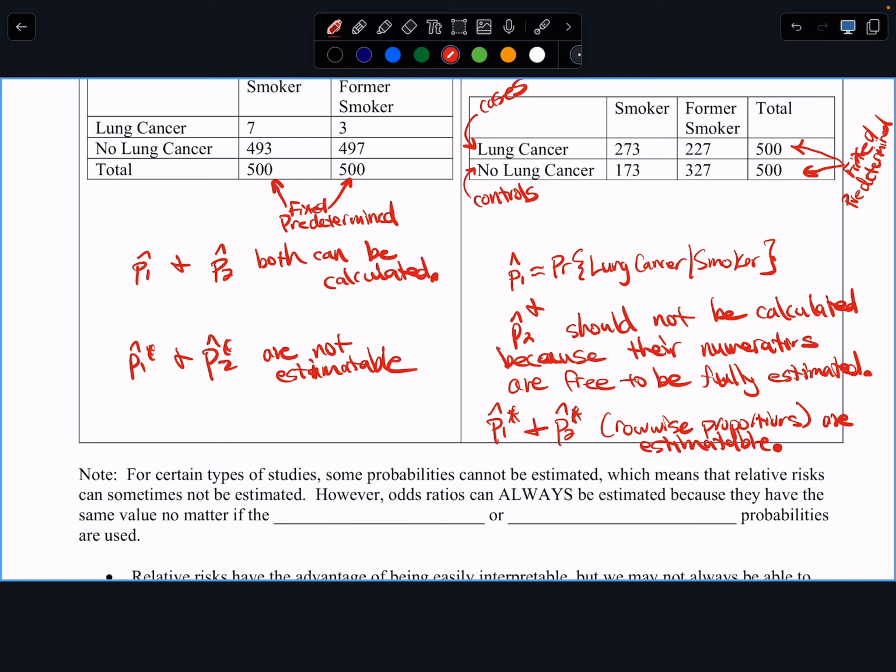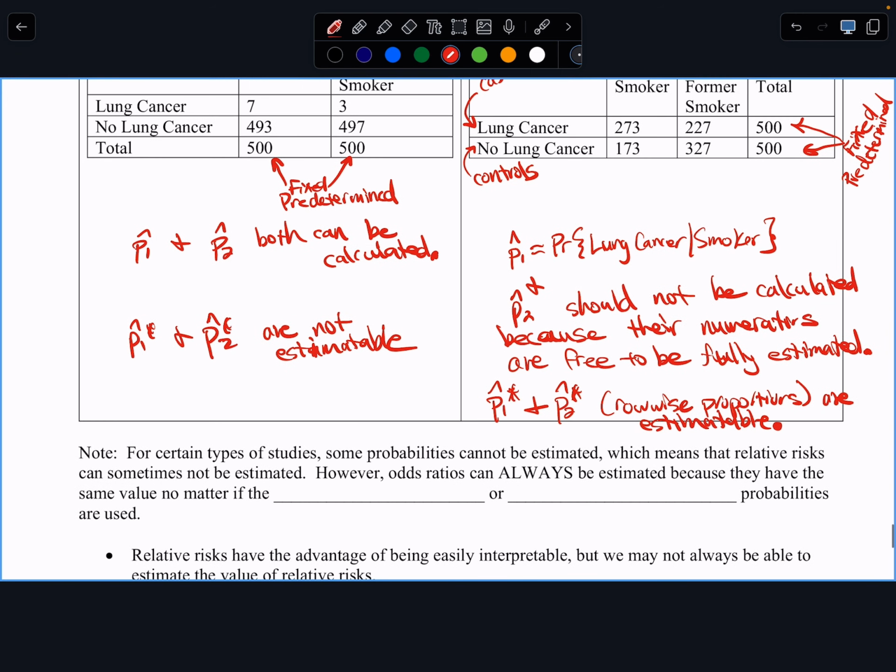However, your odds ratios can always be estimated because they have the same value no matter whether row-wise or column-wise probabilities are used. And since these types of studies are used in medicine a lot, that is why we're going to focus on the odds ratio here.